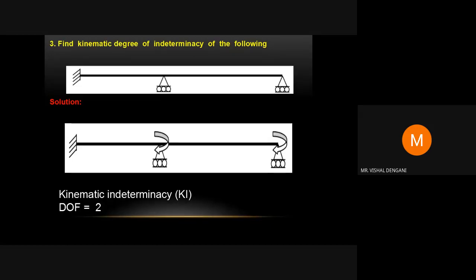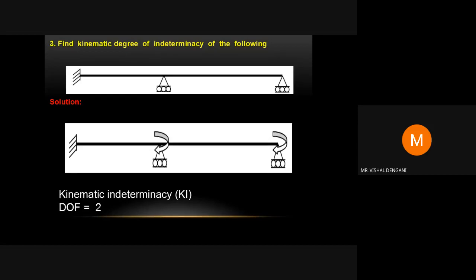As there are two types of displacement in case of beam, translation along y and rotation along z direction, I think you should be able to find out the degree of freedom in case of beam.